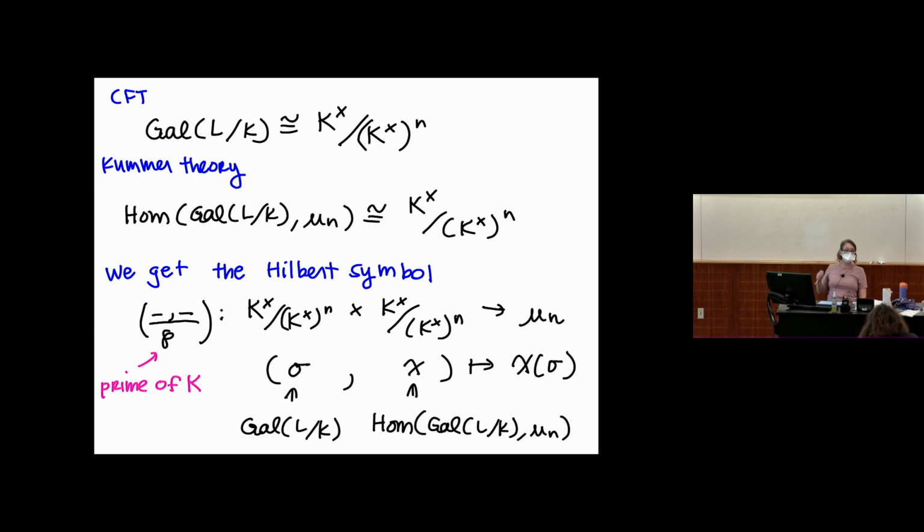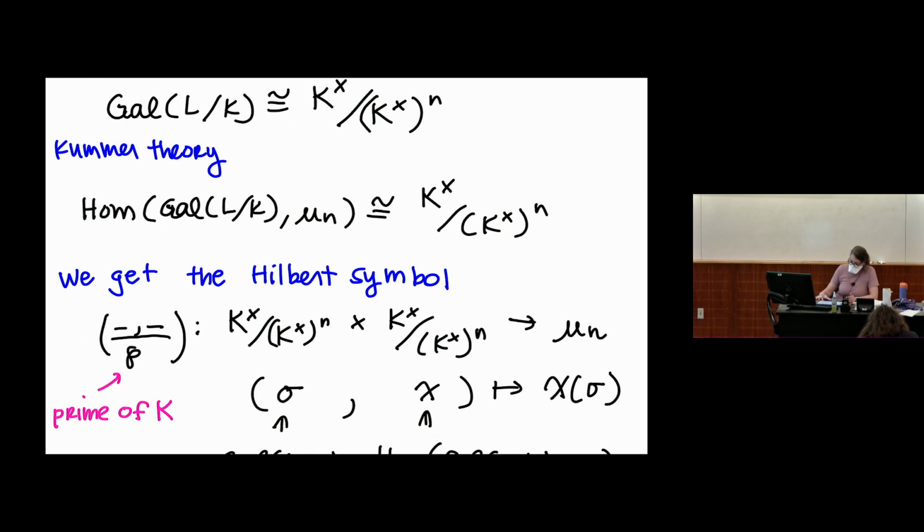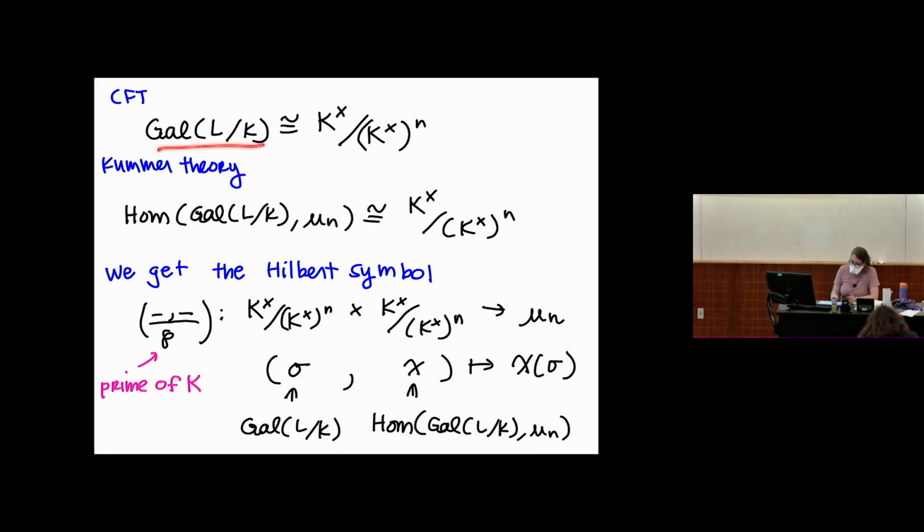So where is our prime coming into play in the symbol? It's the field K, the field K has a prime. The way we talked about reciprocity, to every Galois element we could assign some norm of a prime, some element in K cross, so we're going the other way.